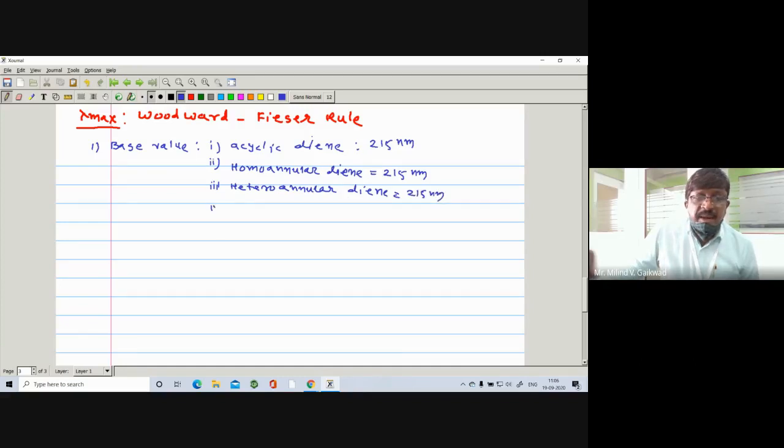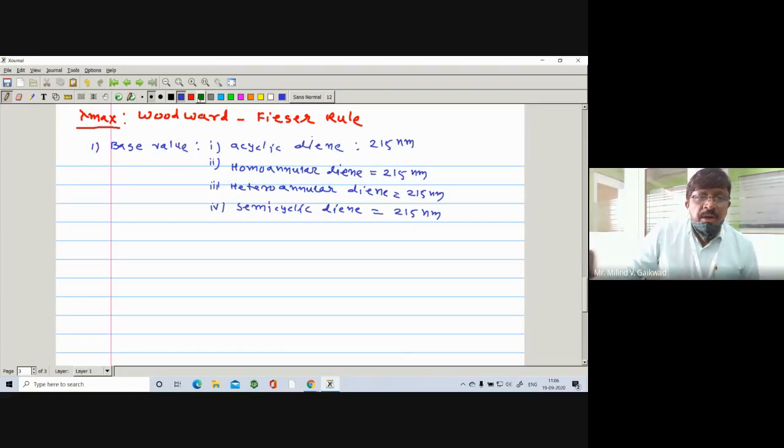Similarly, if it is an example of a semi-cyclic diene, again you have to add 215 nanometer. Means in general we can say that the basic value for all the dienes is 215.